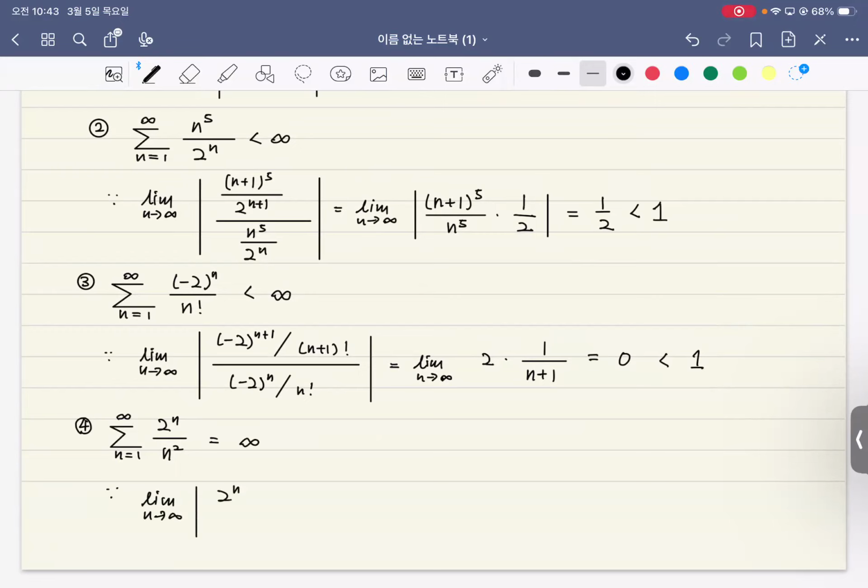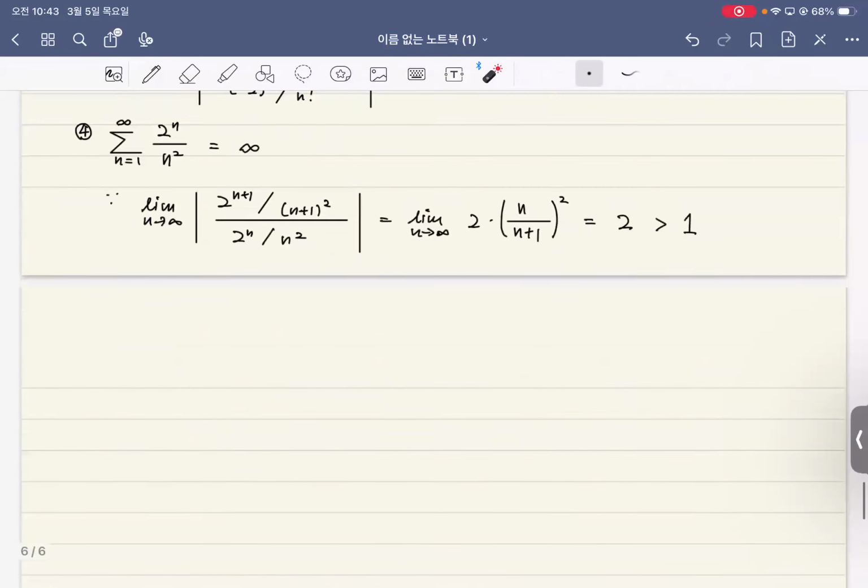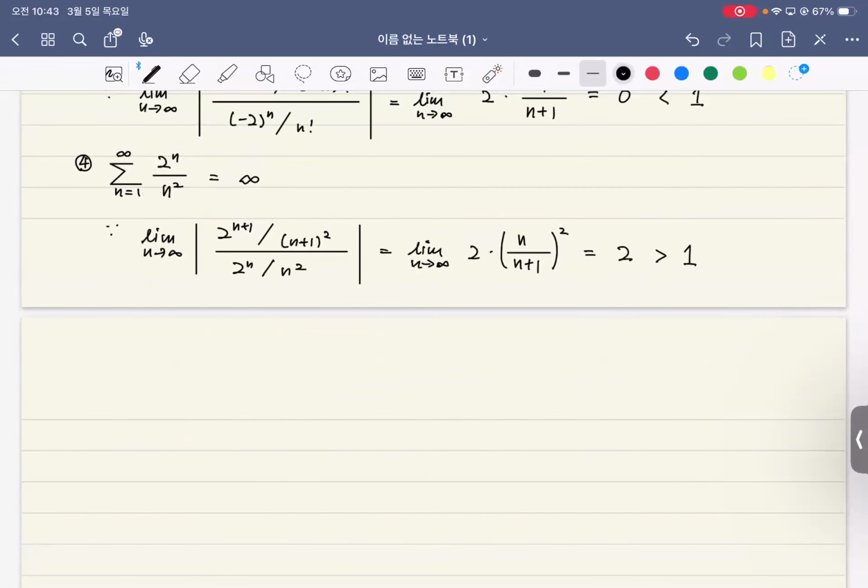Simplifying this, this is 2 times (n over n plus 1) everything squared. Okay. And this is tending to 2, which is greater than 1. So therefore, this one should be divergent.